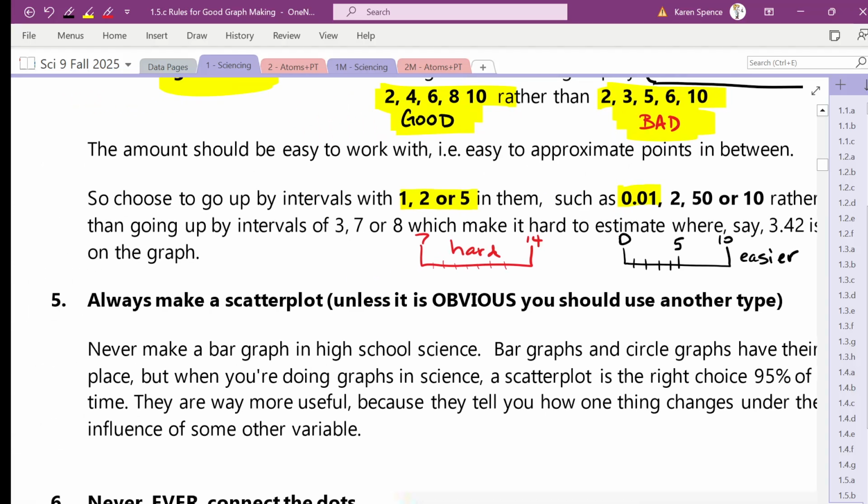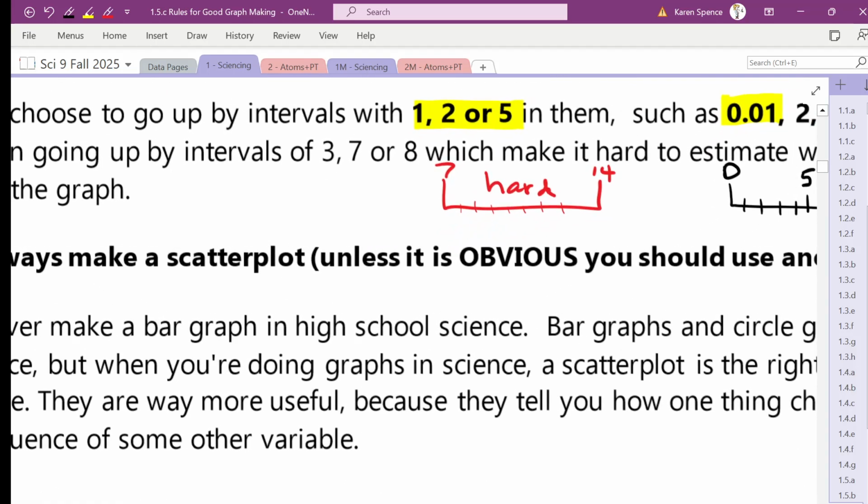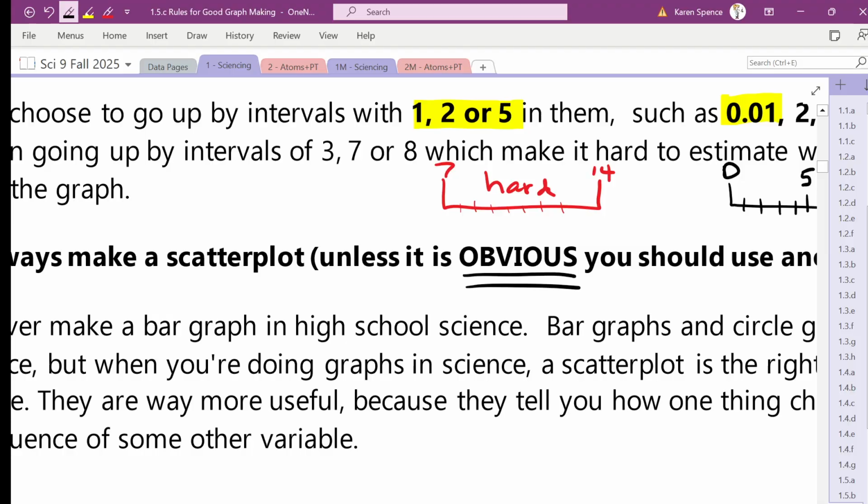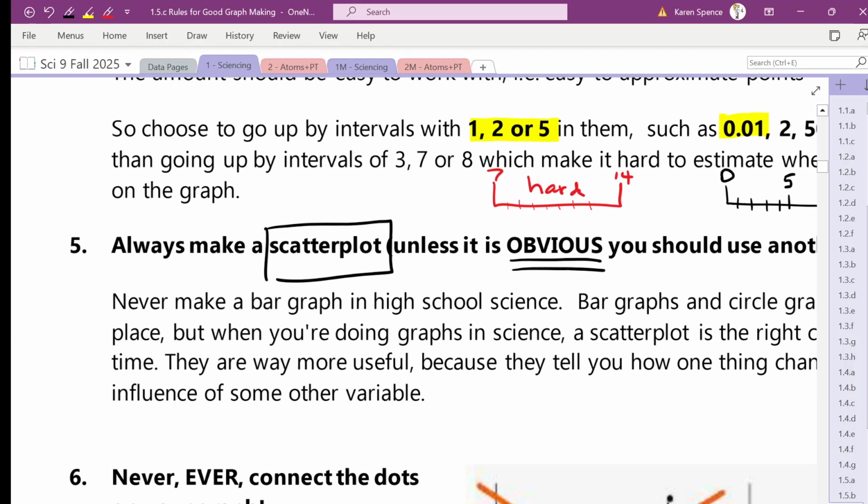You are always going to make a scatter plot unless it is obvious that you should use another type of graph. So it's always going to be a scatter plot. But yesterday, during the POGIL, you learned about a different type of graph.